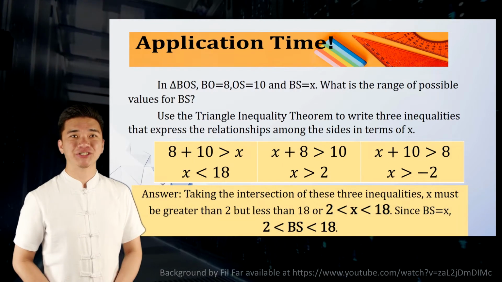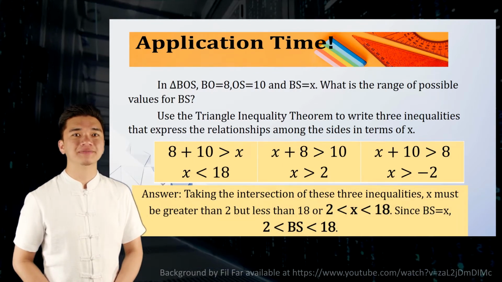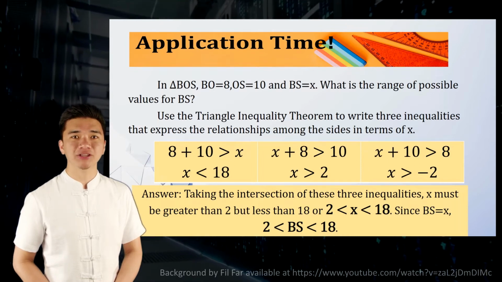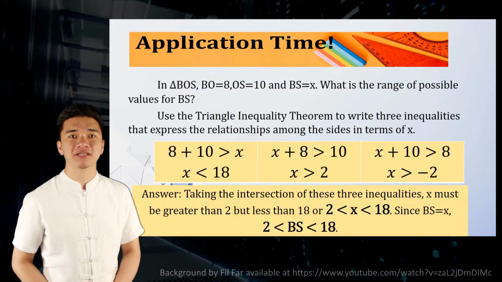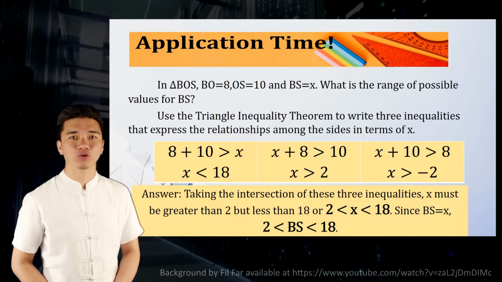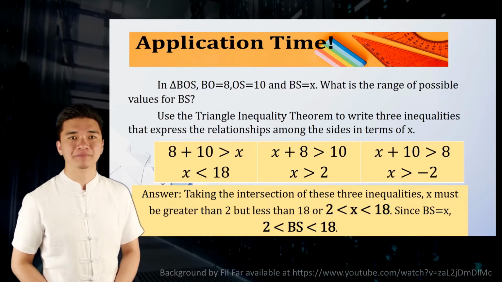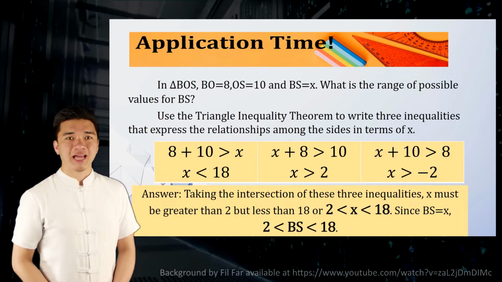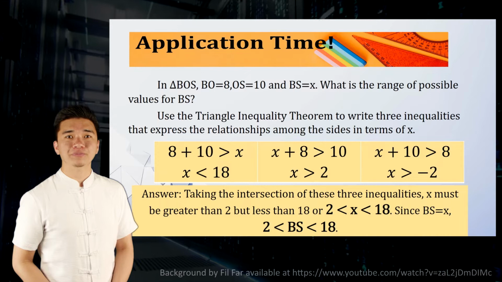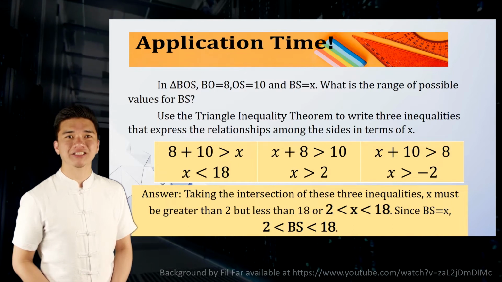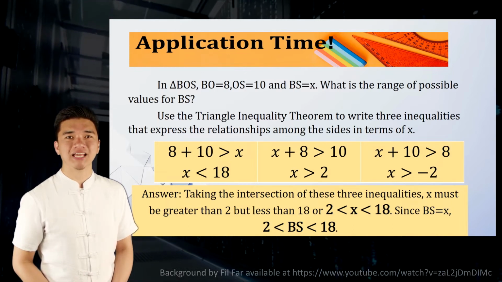Taking the intersection of these three inequalities, x must be greater than 2 but less than 18. Or in mathematical terms, 2 < x < 18. Since side BS is equal to x, then side BS is greater than 2 but less than 18.